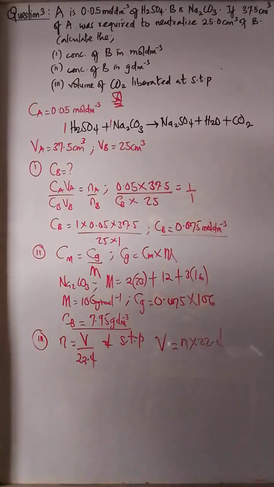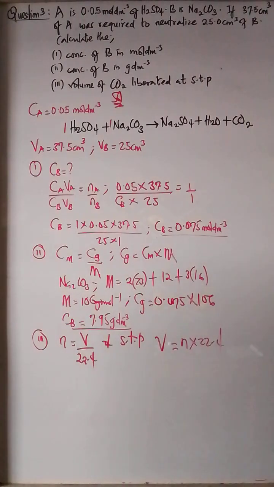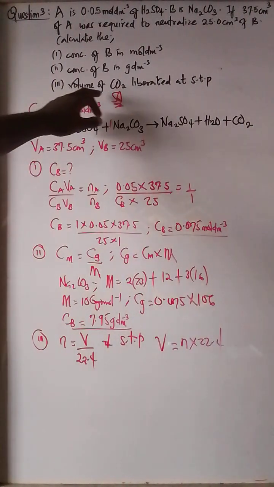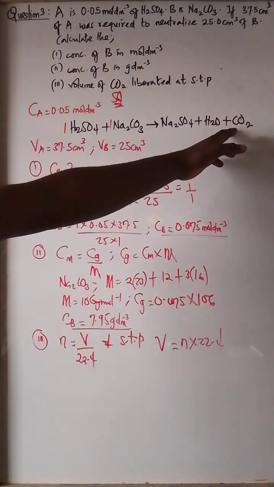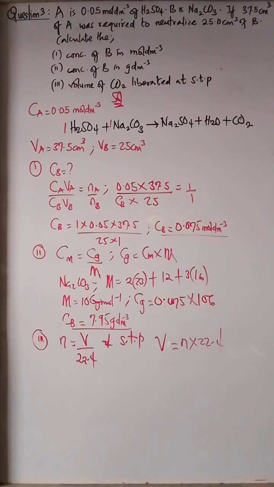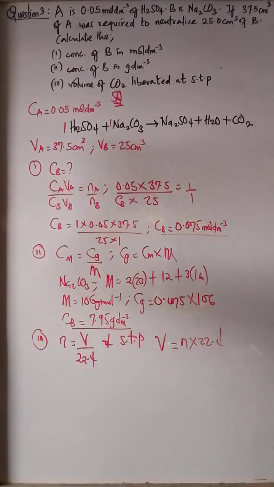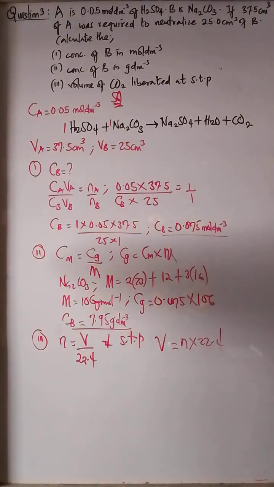Once you know the number of mole, you can get the volume. So let's now get the number of mole. What was the number of mole in this case? Volume of CO2 liberated at STP. When you check CO2 here, they are all in ratio 1:1. Now, it is best we compare CO2 with sodium carbonate. Why?